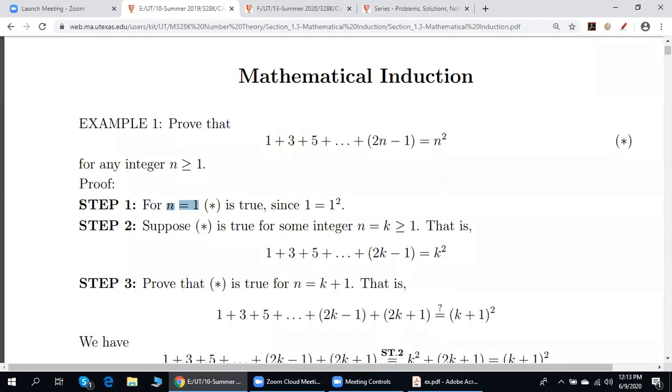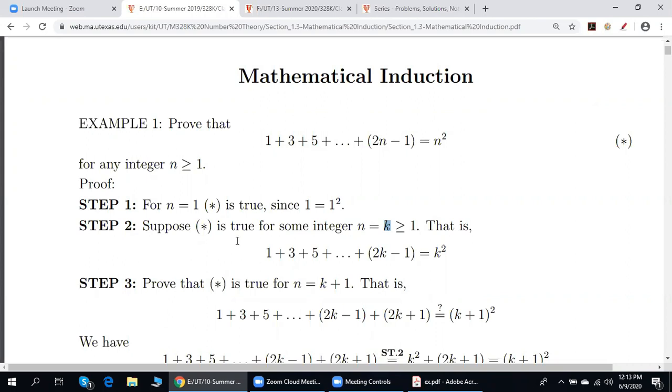In other words, thanks to step 1, in step 2, we indeed can suppose that this is true for some integer n equal to k, where k is greater or equal to 1. For example, for k equal to 1.